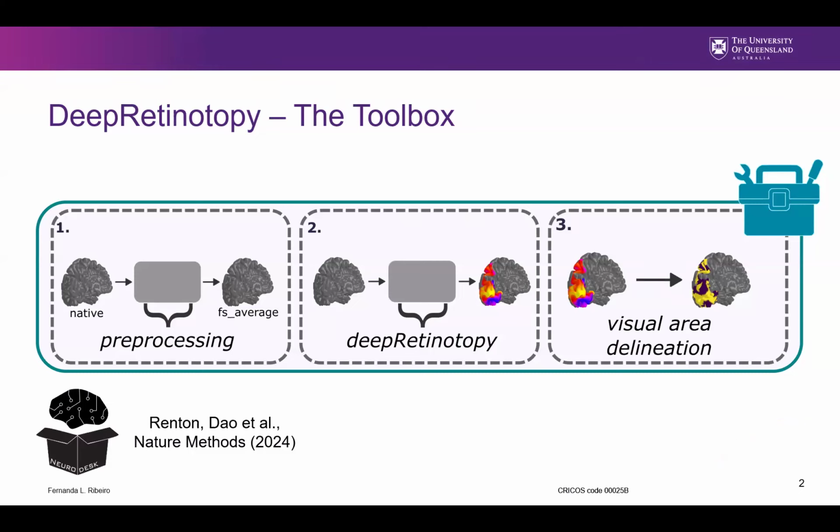And here we essentially generate visual field sign maps. And all these components are already packaged into software containers. They are available as Docker containers and Singularity containers on your desk. So hopefully it will be useful for some of you.